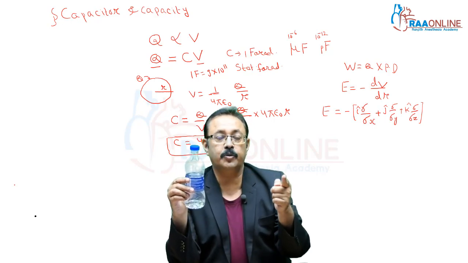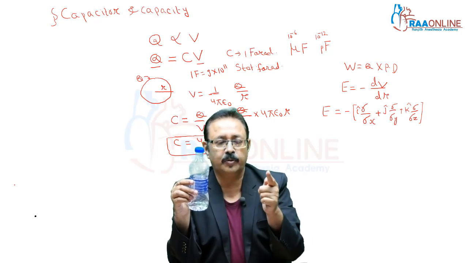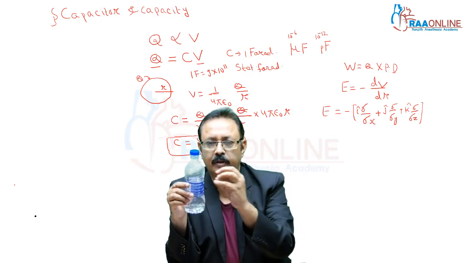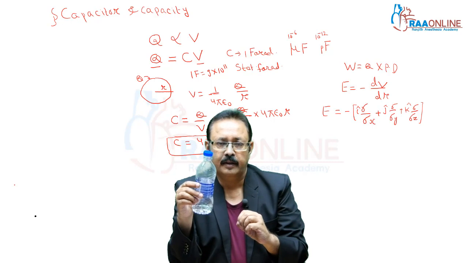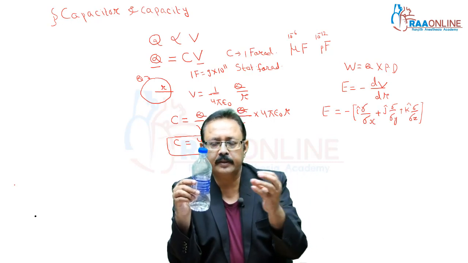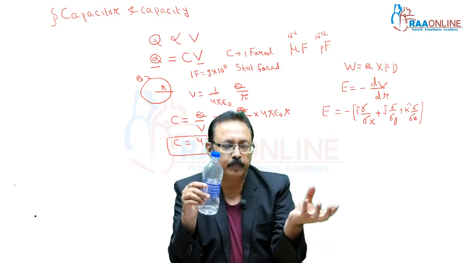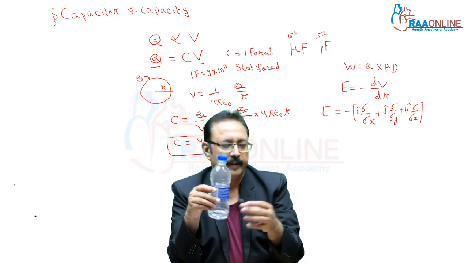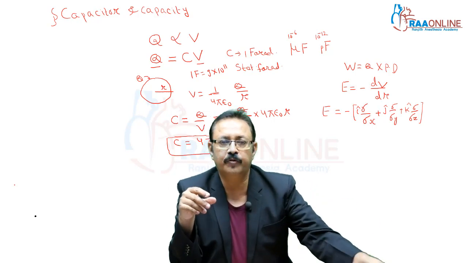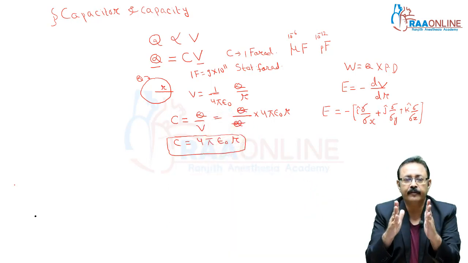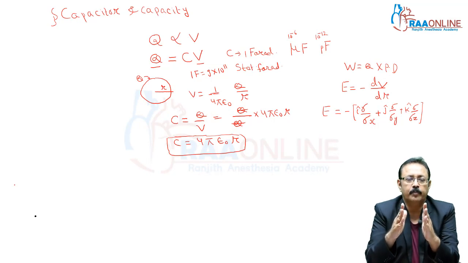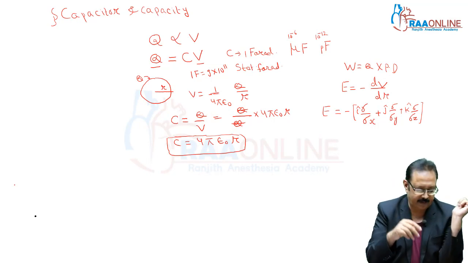So the battery has to do work to put the second unit on this surface. Now the third unit is coming. These two units will oppose that third unit. It means you have to do work. That work will be stored in the form of potential energy in the conductor.